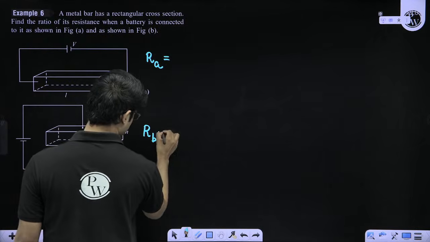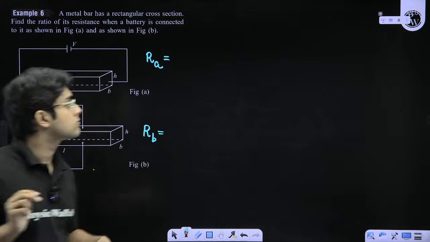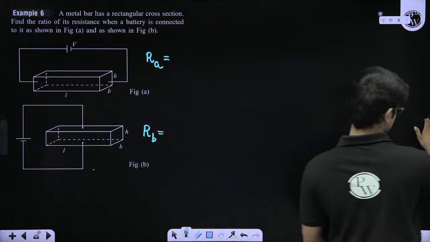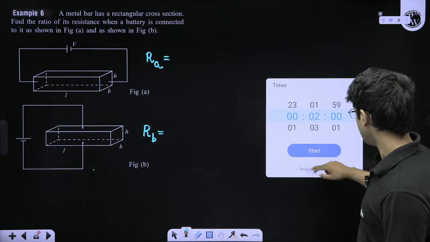So give this a try, guys. I think I have a timer here. Take 2 minutes.